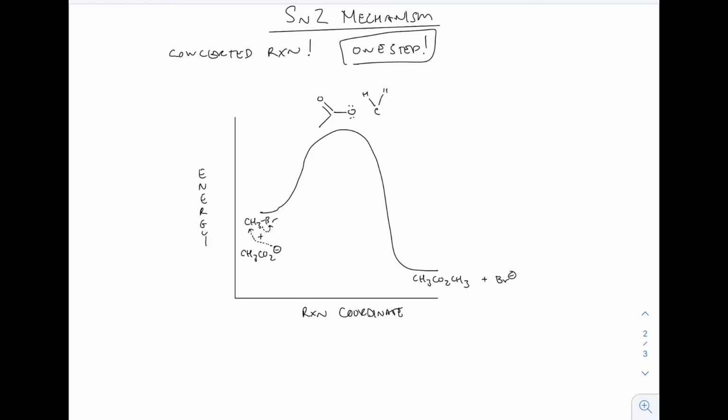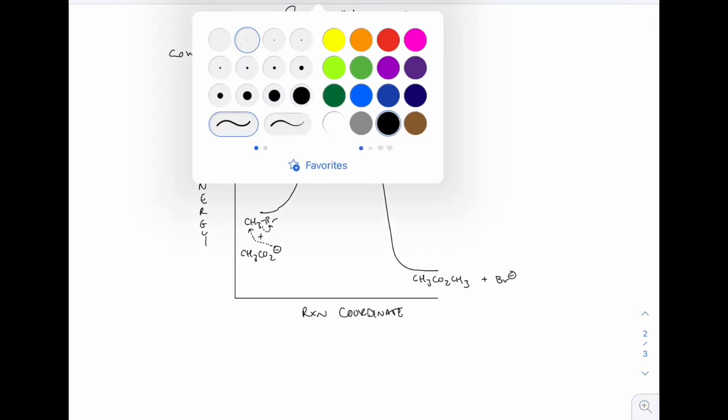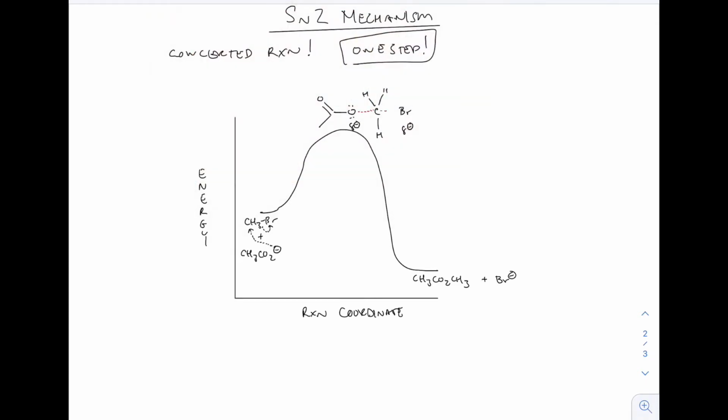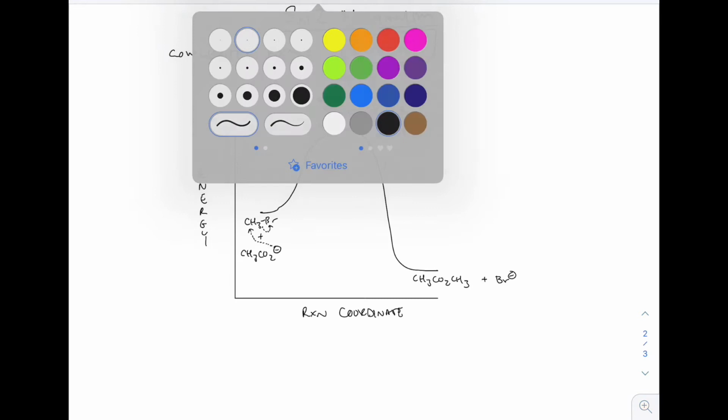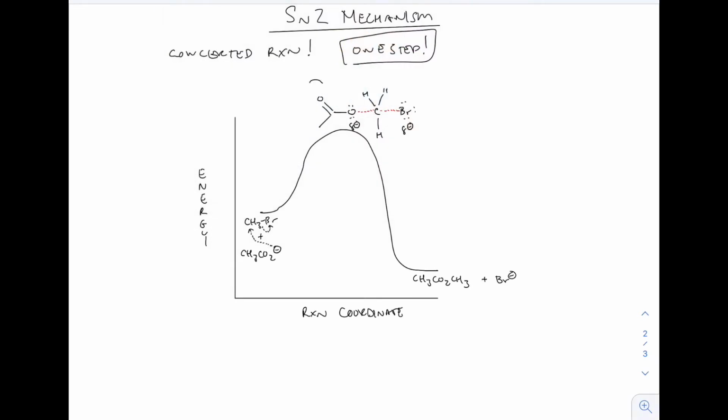So the acetate is attacking that carbon, right? And so we got that carbon in the middle of both the nucleophile and the leaving group. Got delta negative charges on both of those, and red dotted lines indicating the partial bond formation as well as partial bond cleavage. Okay, so that is the transition state.